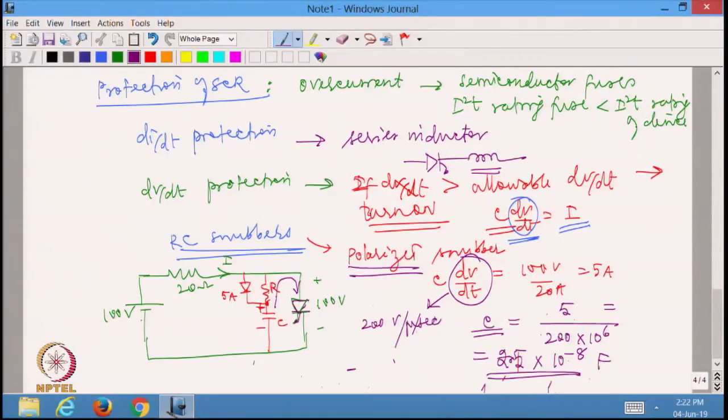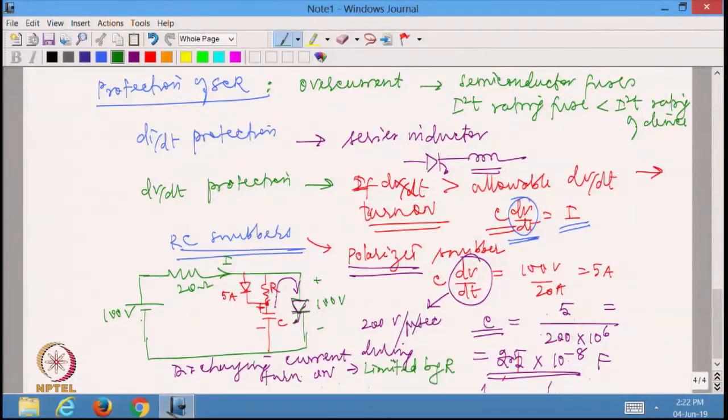The I value will become extremely high. So, the discharging current during turn on is limited by R.